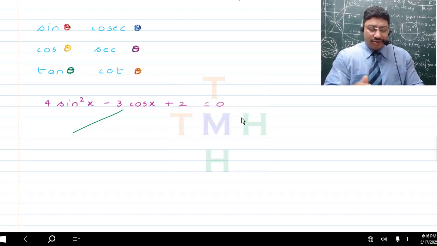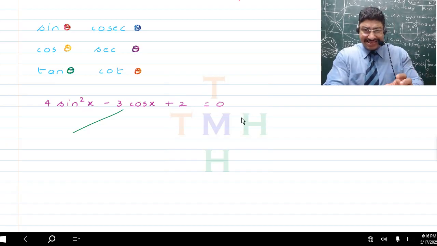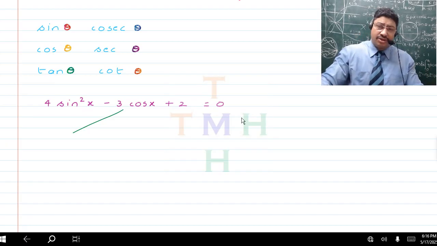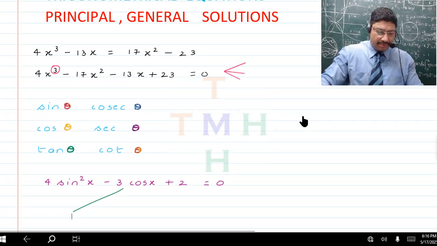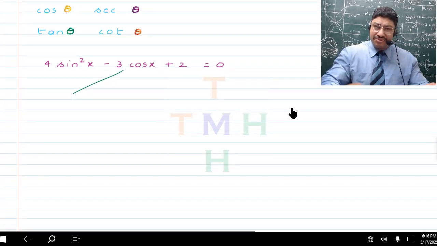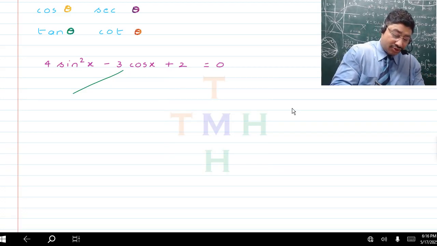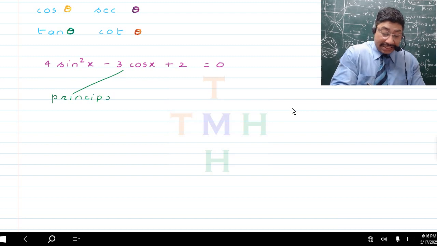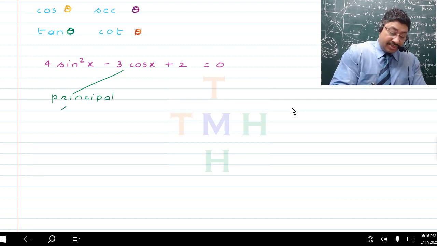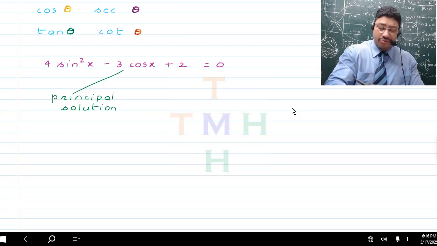And then you will have a solution which is for a specific case, and then you will have a solution which is generally available, right? So the solution which is normal, that can just very easily be thought about, that is known as the principal solution, right? Repeat with me, it is not PLE, it is PAL. So this is one of the solutions that you have when you solve a trigonometric equation.